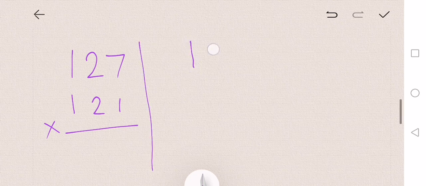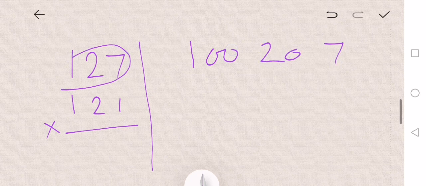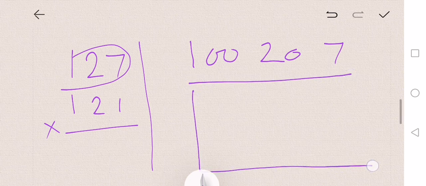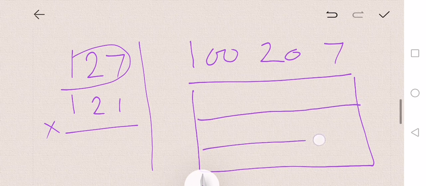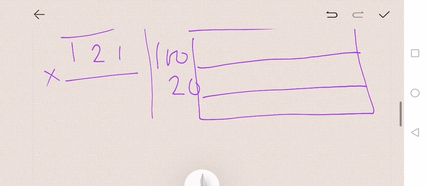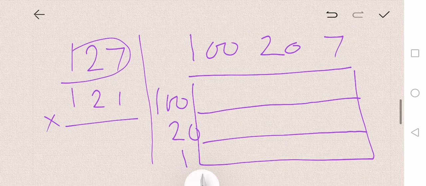So 127, the top number is done. Now the bottom number. But now look, you need a bigger box here. How many numbers? Three numbers. So 1, 2, 3. Okay, so 121 is 100, 20, and 1. And then just like this.